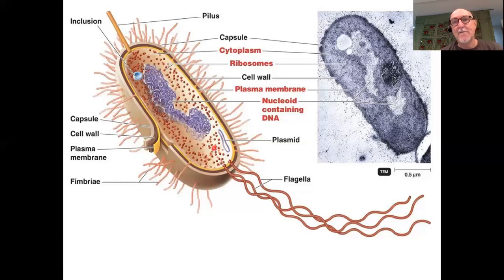Plasmids often contain very, very useful information for the cell. They may contain information, for example, which confers resistance to an antibiotic, and things like that. They may even contain recipes for capsules. In other words, they can often assist a bacterium.